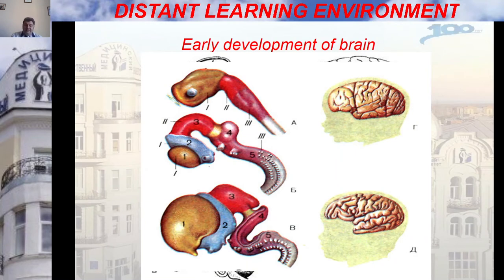The brain of newborn weighs 340 grams in boys and 330 grams in girls. The brain of an adult male weighs 1 kilogram and 375 grams, and adult female 1,245 grams.